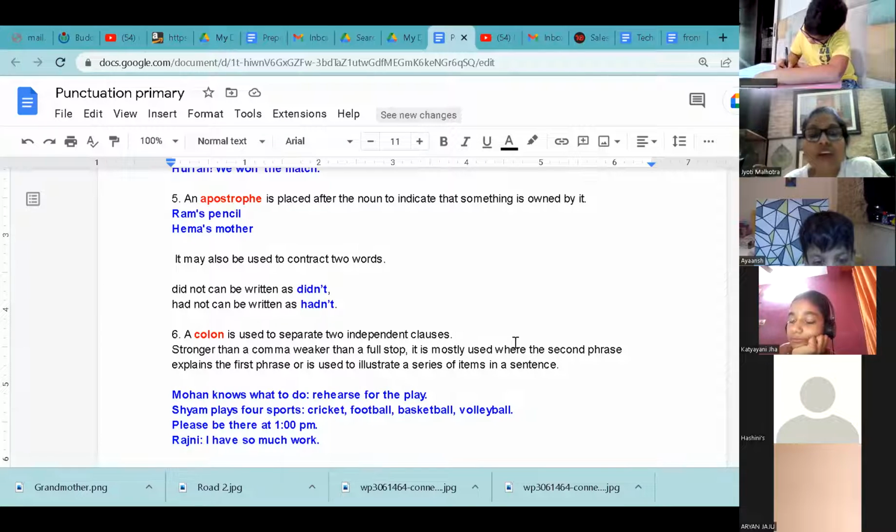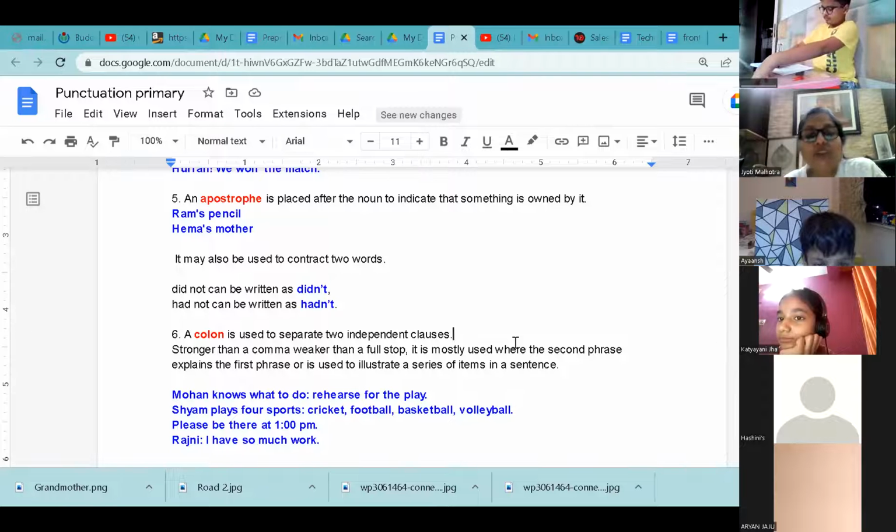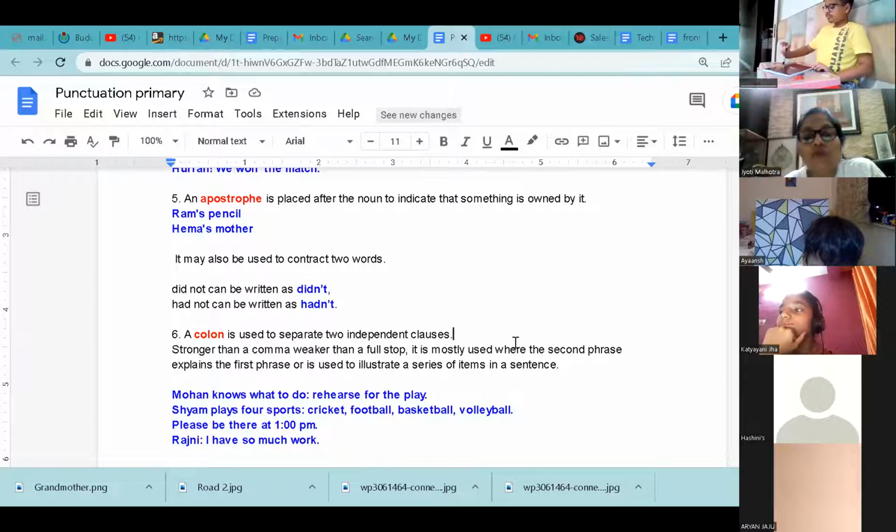We are using it to illustrate that the first phrase is followed by a series of items in a sentence.